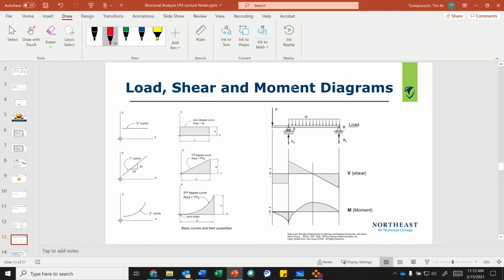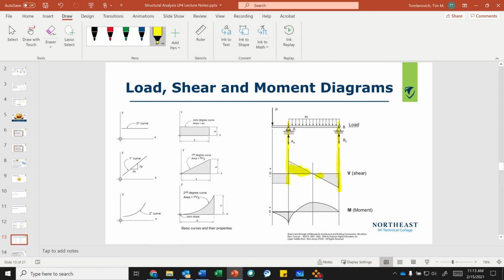All right, so let's talk about the load curve. When it's a rectangle, it's called a 0-degree curve. We're talking about calculus terms here, but don't freak out. A 0-degree curve means it's a rectangle. When I go from my distributed load, a 0-degree curve, I go to a 1-degree curve, which is a triangle.